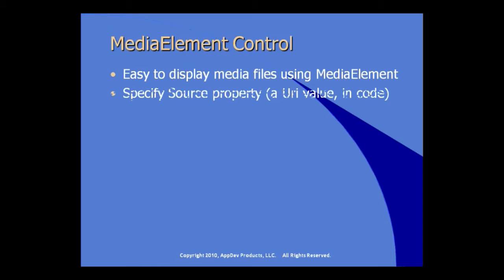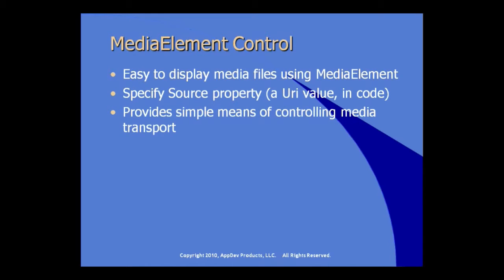Finally, we'll look at the media element control. It's easy to display media files using the media element control, and you can use it to play audio or video files. You must specify the source property, and if you specify it in code, that must be a URI value, not a string. A URI represents a path to an actual file resource.